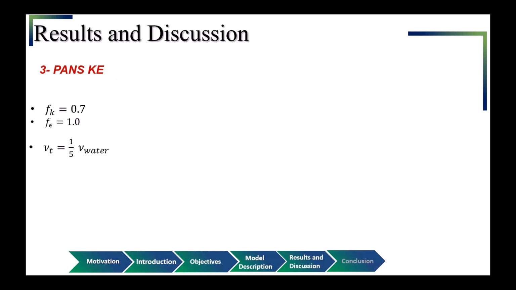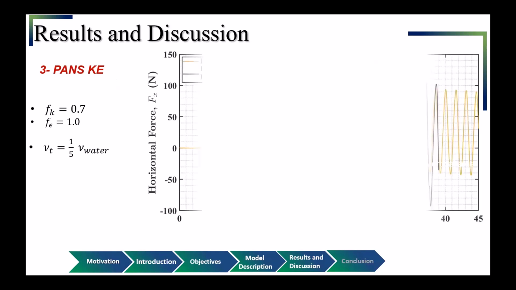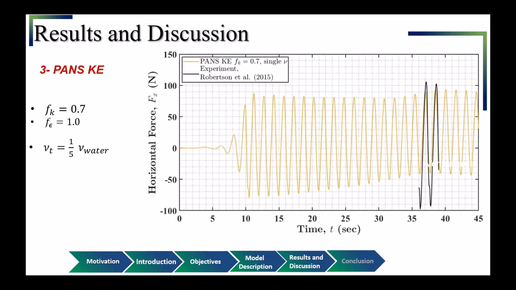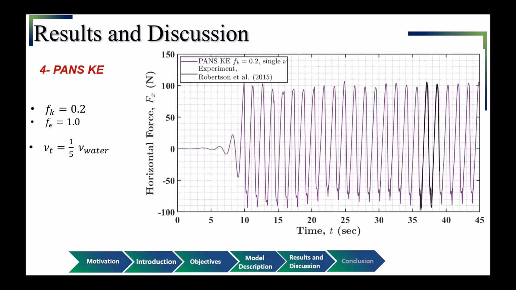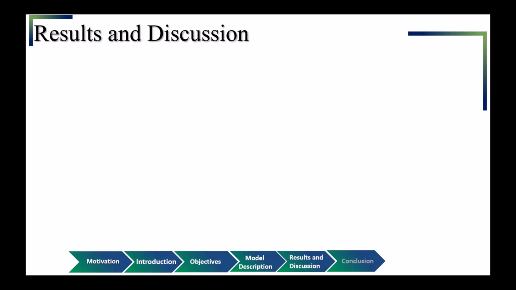Investigating the BANS k-epsilon model using a filter value that is a little bit high, fk 0.7, and single nu T as a ratio of the water kinematic viscosity, the results were enhanced compared to RANS models, but still couldn't capture the accurate forces on the cylinder. So reducing the BANS filter value to 0.2 and using single nu T on both fluids, we got amazing accuracy to capture the hydrodynamic forces correctly.